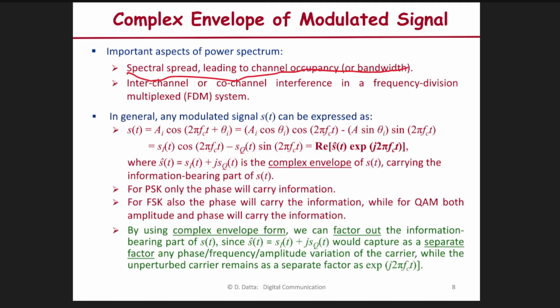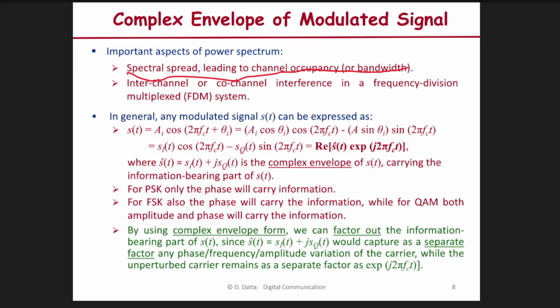But if the spectral spread is narrow, then you can transmit many signals at a time, as I said in my first handwritten slide. The spectrum is also important because there could be interference between adjacent channels, adjacent carrier frequencies in an FDM system where frequency division multiplexing is being done. So the spectrum has to be clearly understood, and for that and various other purposes you need to know the complex envelope of the modulated signal.